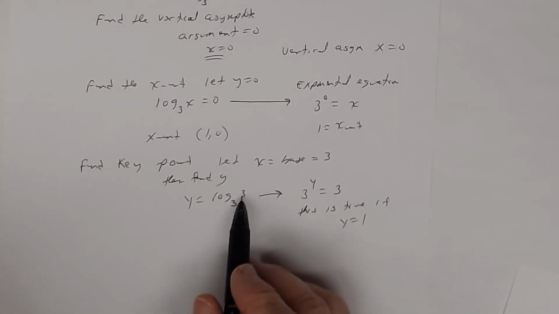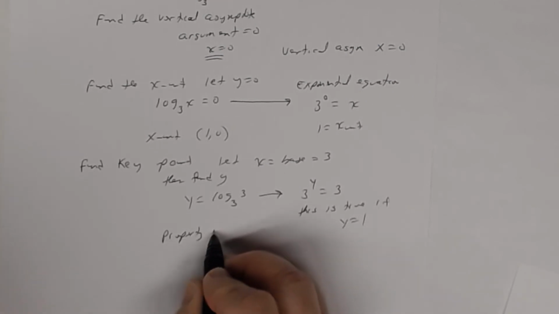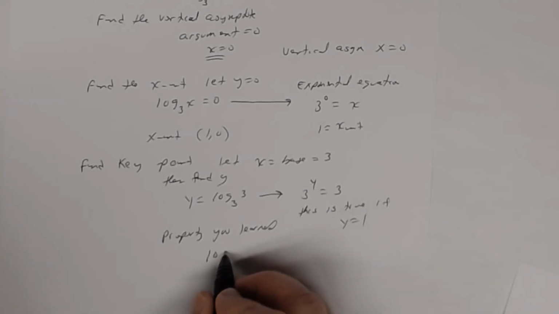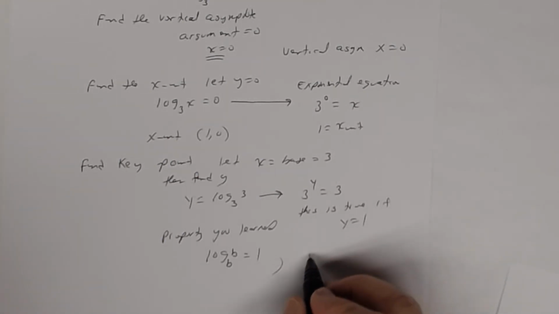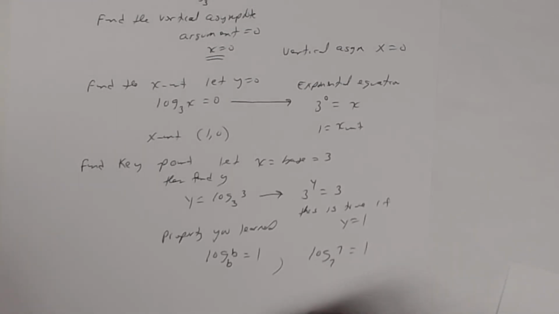So a property you learned was this. Whenever you have the log of b with base b, the argument and the base are the same, then you know that's equal to 1, because b to the first equals b. So in other words, you learned very quickly that if you have the log of 7 base 7, you know that's 1. 7 to the first equals 7.